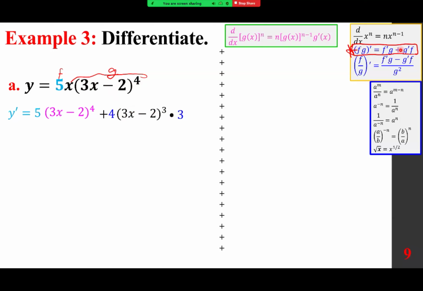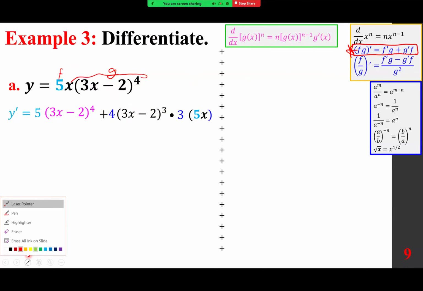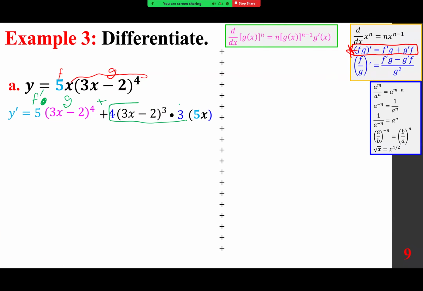Now go back to the product rule. G prime is this thing times f, 5x. And I'm going to write f prime g plus g prime f.